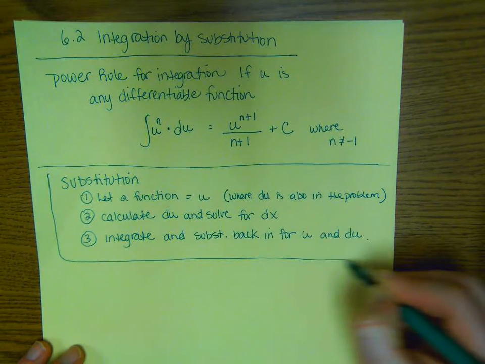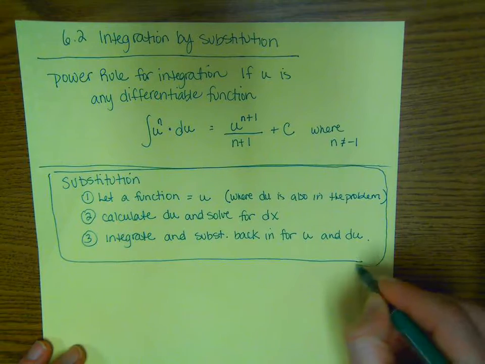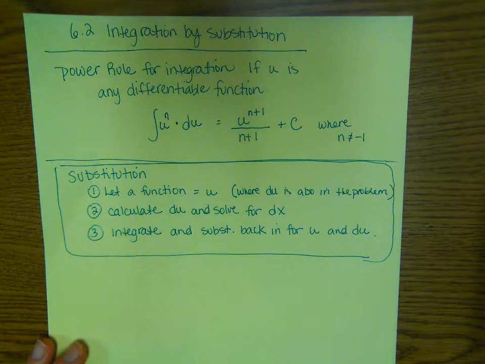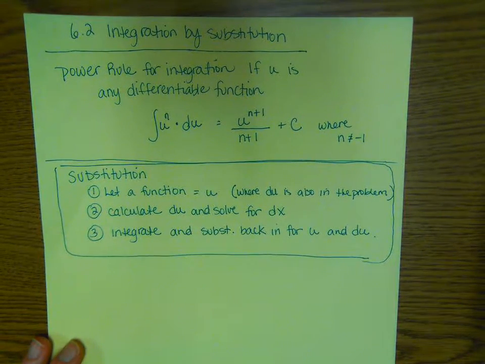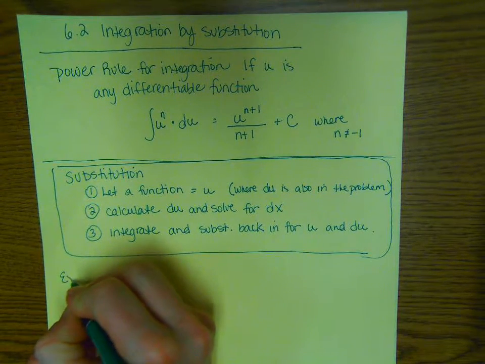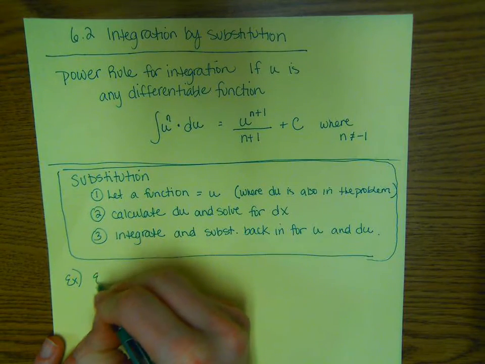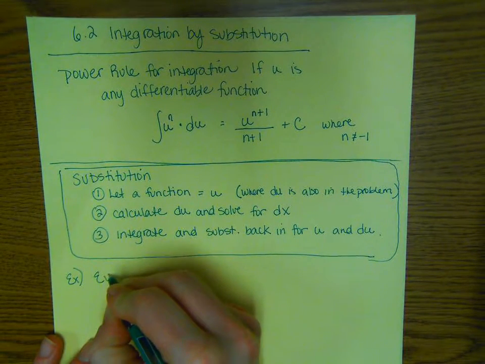Okay, so those steps are probably going to make a little more sense once we see a couple examples. I'm going to start real basic here, guys. I'm going to start with something that technically I don't really think you even need u substitution for, but I'm going to show you it with u substitution so you can see how it works.